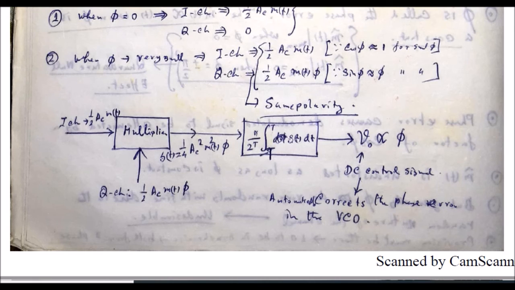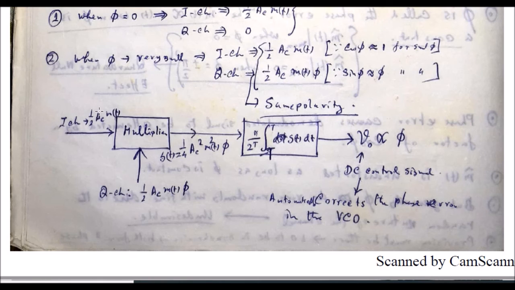If you do that, since one particular portion is purely AC, the average of purely AC will be equal to 0. Sorry, one term will be AC and another term will be DC. So the AC term will simply be equal to 0. You will only obtain the DC term, and the DC term will contain phi. So the output of this will be proportional to phi.